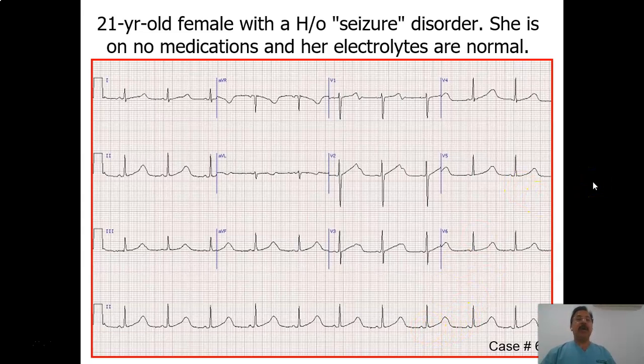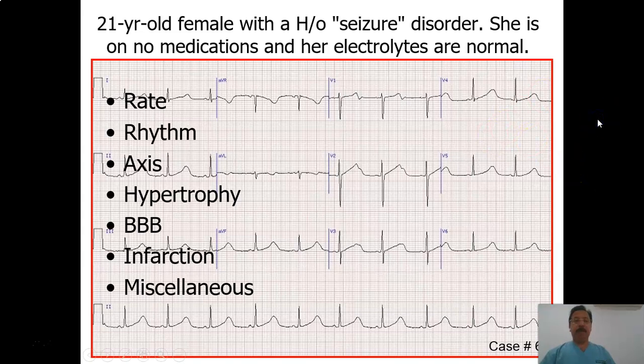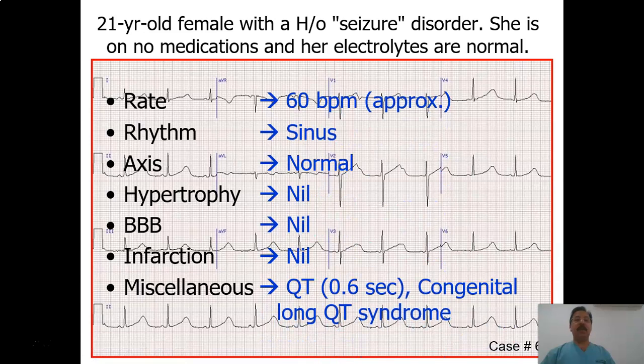So the ECG findings include a rate of approximately 60 beats per minute, normal sinus rhythm, normal axis, no hypertrophy, no bundle branch block, no elevation, but the QT interval is prolonged, 0.6 seconds, and this is one of the congenital long QT syndromes that's responsible for seizure disorder.